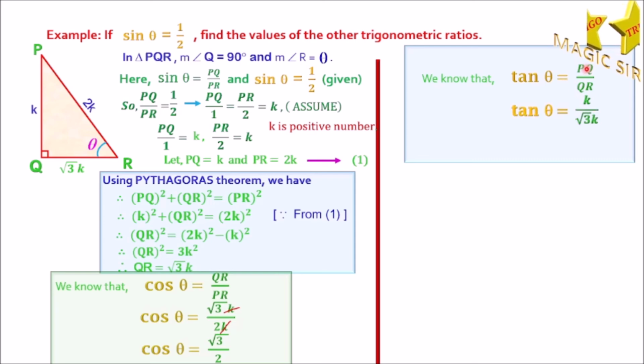But we have PQ equal to K and QR is equal to root 3 K. Again, we can see that in the numerator K and in the denominator also K. So simplifying, we get tan theta is equal to 1 upon root 3. This is our third ratio.